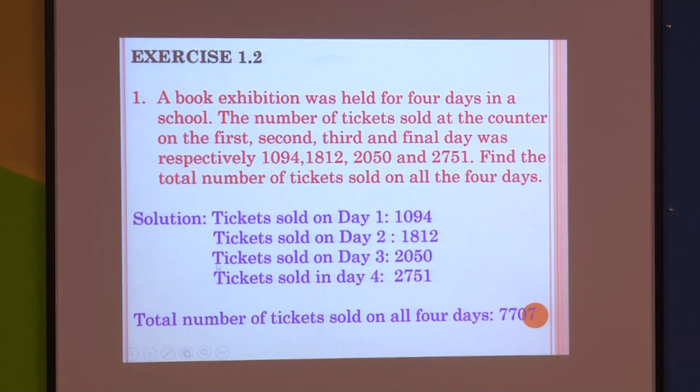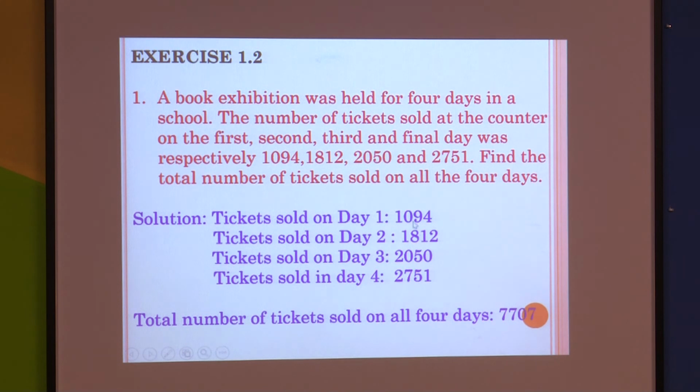So, let us solve it. Tickets sold on day 1 are 1094, day 2 1812, day 3 2050, day 4 2751. In order to find the total number of tickets sold on all 4 days, what do we have to do here?